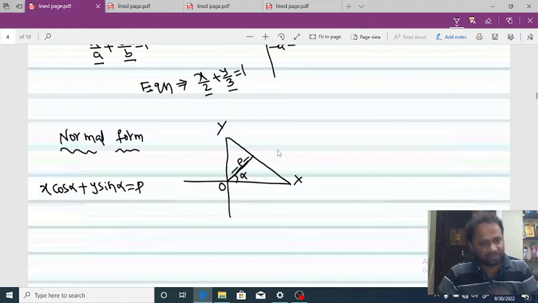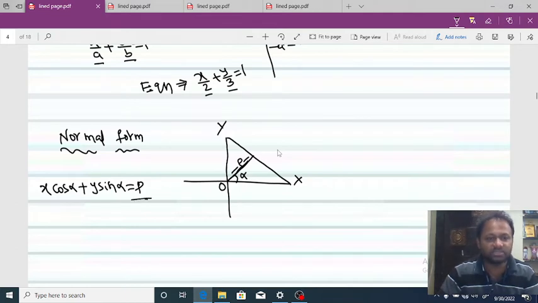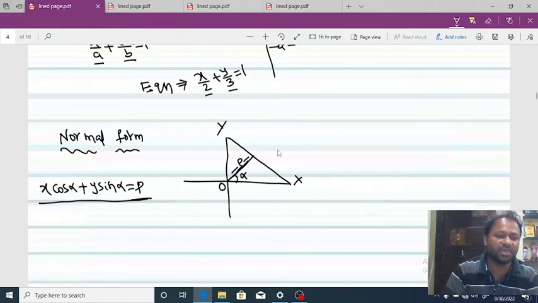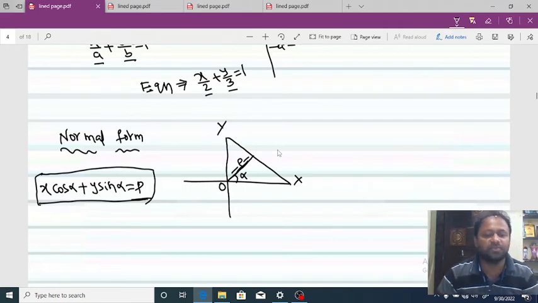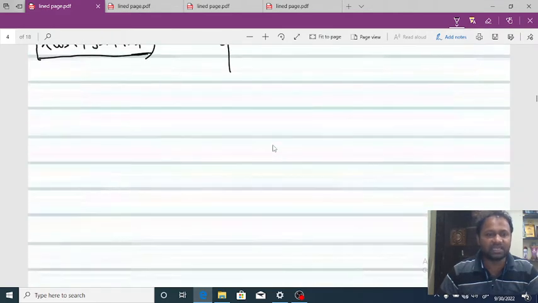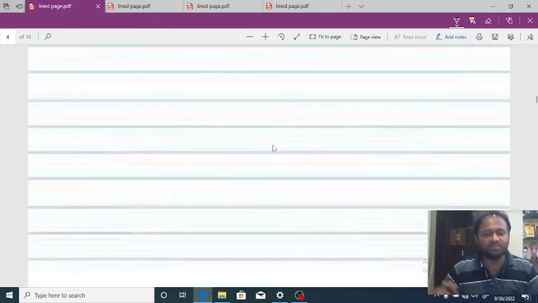So this form is called the normal form of the straight line, where alpha is the angle made by the normal with the x-axis. So these are all the forms of the straight line. Let us see all the forms at a time.